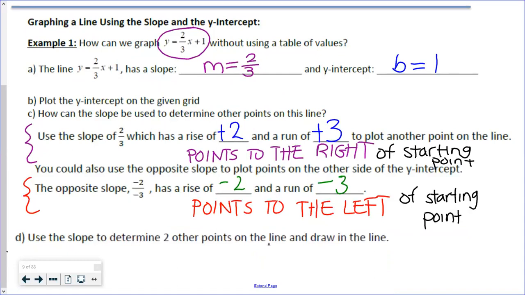Our rise would be -2, our run would be -3. This is only when we're graphing our lines. So if you can take a picture of this and include it in your notes, just so that you know that we have to always think of the rise and run differently from the left of our starting point and to the right of our starting point.